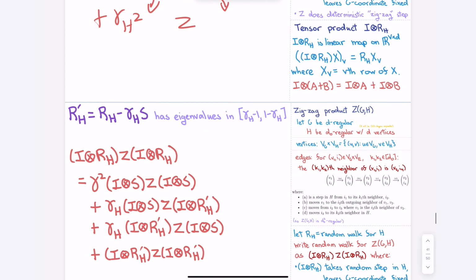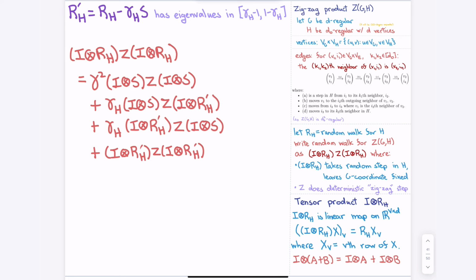This kind of thing, right? So okay, it's already done. All right, so this is just factoring the two quantities, okay? And so now what we're going to do is look at each of these terms by itself and try to bound the biggest eigenvalue and stuff like that. Okay. So good.